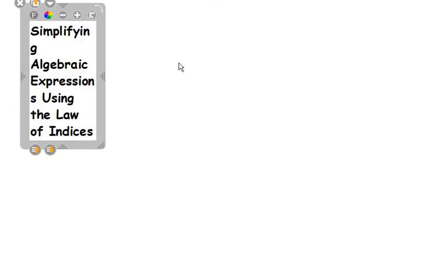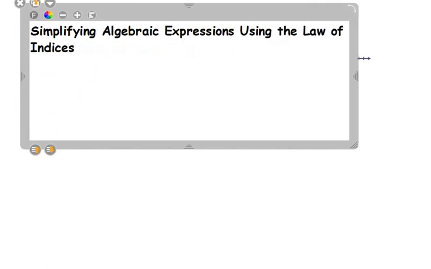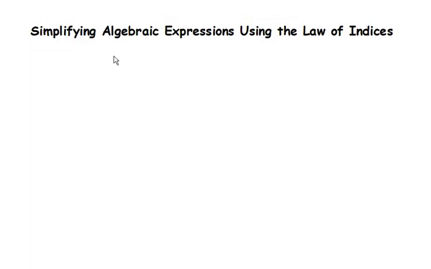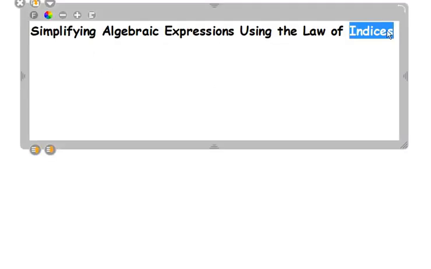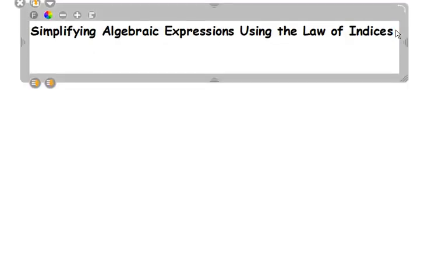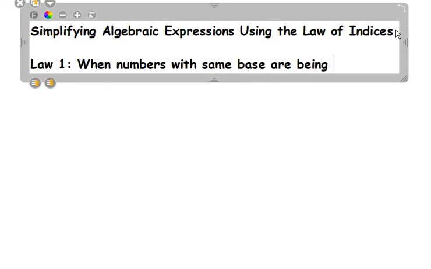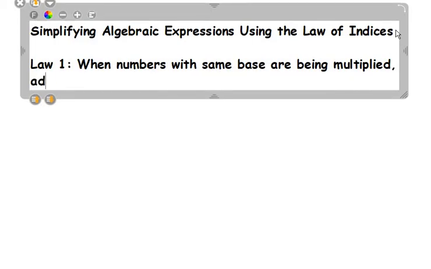For today's class, we were only going to go through the first law. And the first law says that when numbers with the same base are being multiplied, then all you have to do is add the powers.